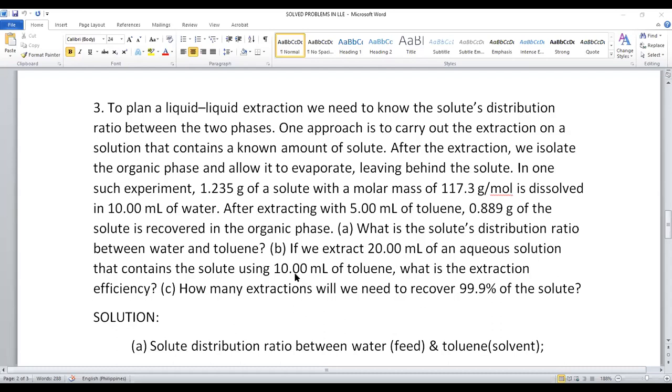This is your B. So L is 20, B is 10. What is the extraction efficiency? So this letter B can be done with the previous examples that we have discussed. How many extractions will we need to recover 99.9% of the solute? This one can also be answered. So what's new here, not quite new, is how will the solute distribute itself in water and in toluene? So this is in letter A.